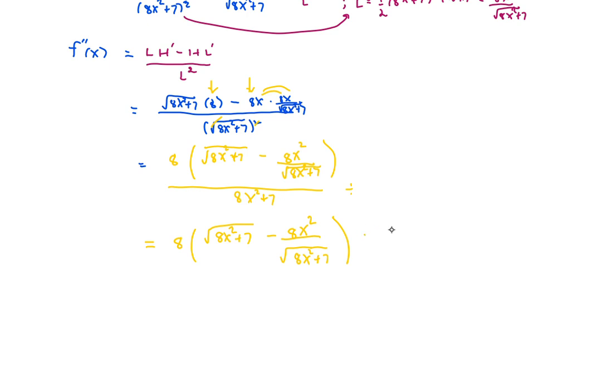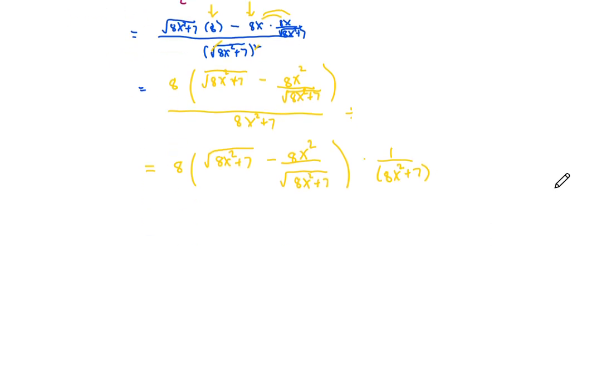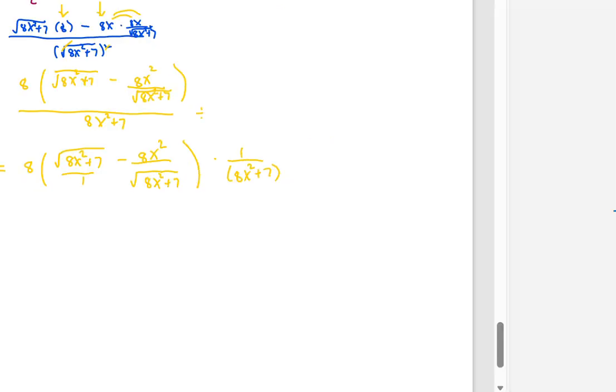Divide means multiply by the reciprocal. Now we write it in a less complicated form, and then we work on the quantity that has the subtraction. We're going to use the common denominator.